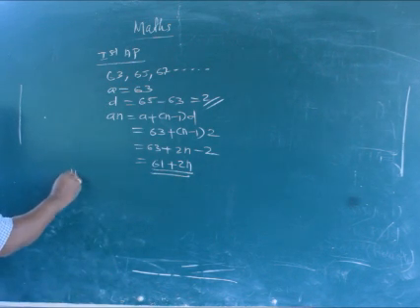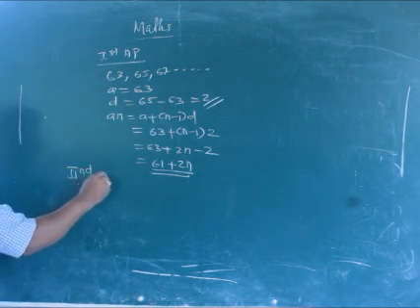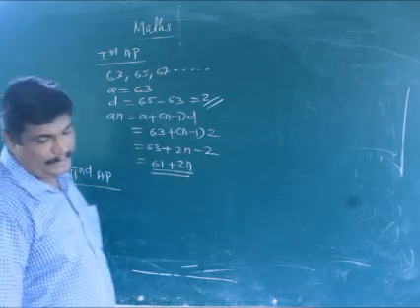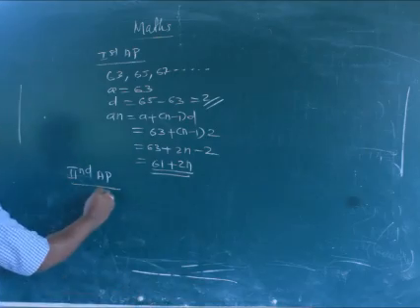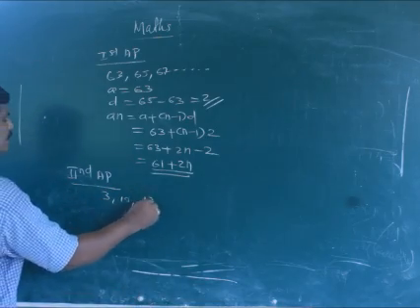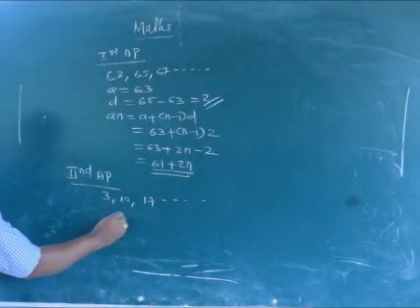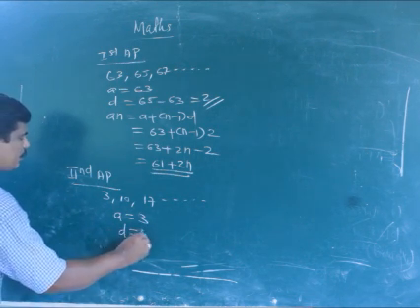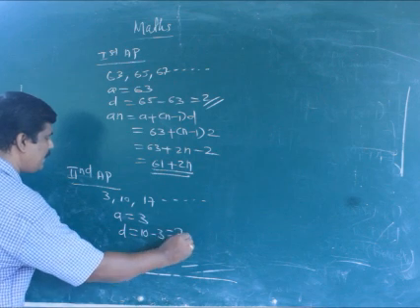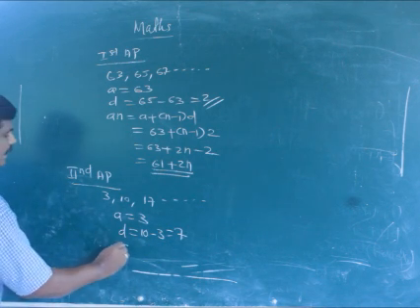Next, the second AP: 3, 10, 17, etc. A is equal to 3, the first term. Clear? Common difference is 10 minus 3, that is equal to 7. Then find the nth term.